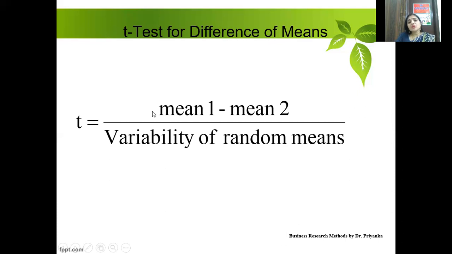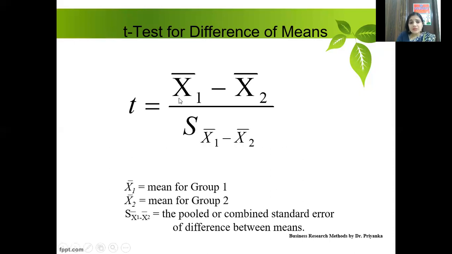So that is why we conduct this analysis. We will discuss how you would calculate these terms, the variability of random means, with the help of proper formulation.